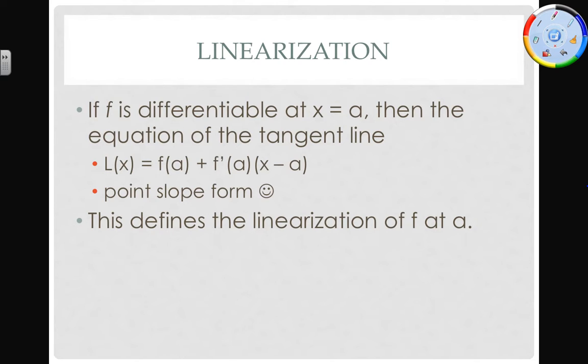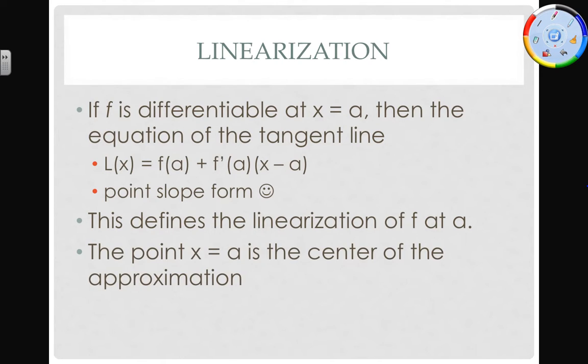Okay, so this particular statement defines the linearization of f at a. That's the L of x there. And the point x equals a is the center of the approximation. And what we're going to be saying basically is f of some value, we'll call it x, is approximately the same thing as L at that value.